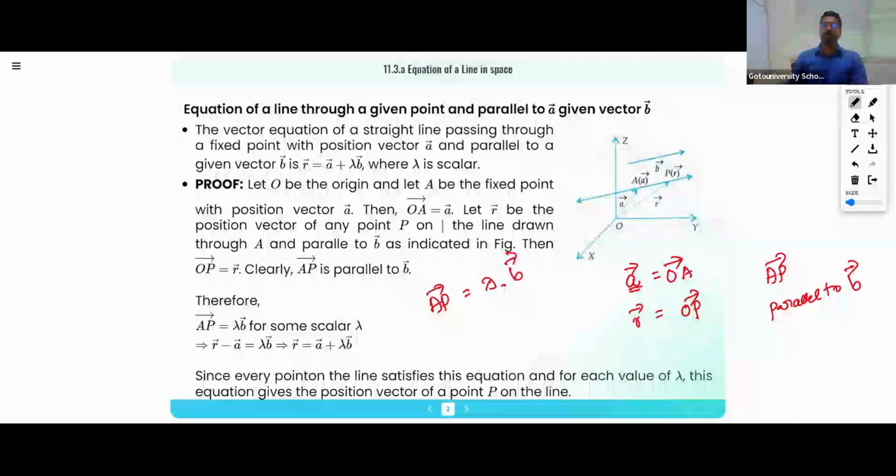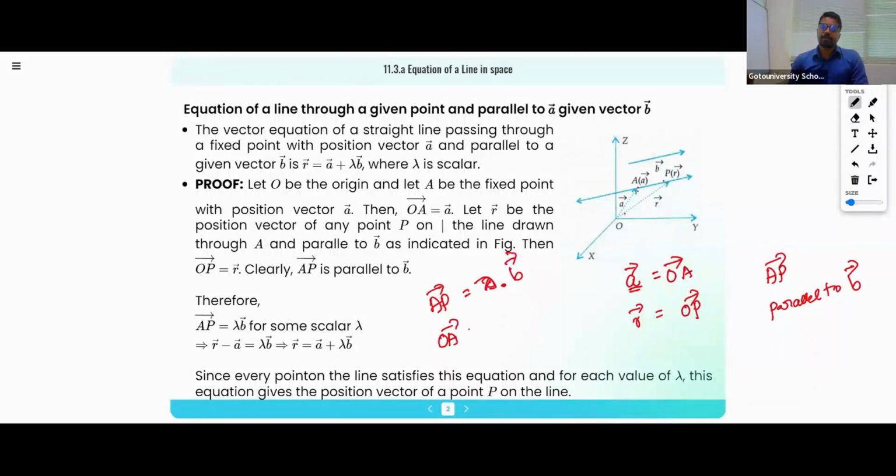It may not be equal to B, but it has a constant multiple of its magnitude. Then from the triangular law of addition, OA plus AP should be equal to OP. Yes or no?